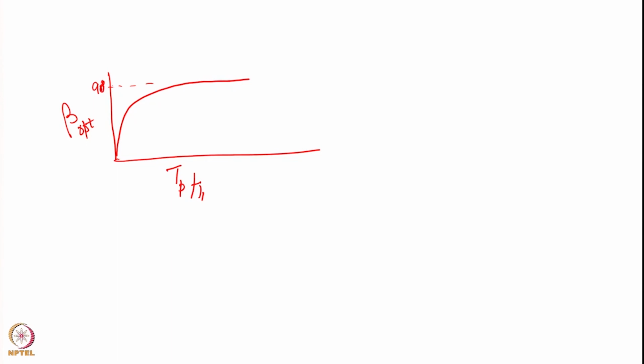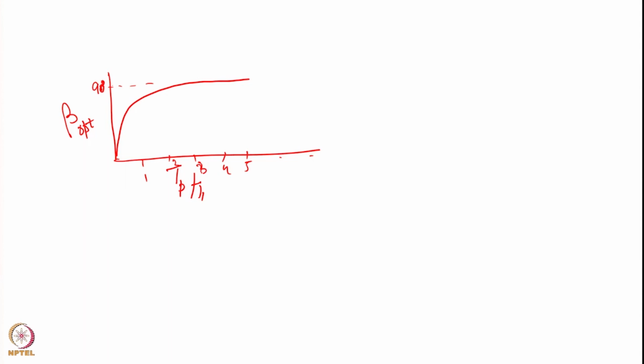If Tp is 5 times T1, let us say this axis is 1, 2, 3, 4, 5 and so on, Tp by T1. If T1 is very large, then I will have to use a very large Tp. Suppose T1 is 5 seconds, then I will have to use a Tp of 25 seconds, which is a very large time. Therefore, the advantage of Fourier transform NMR will be lost if you are doing that.